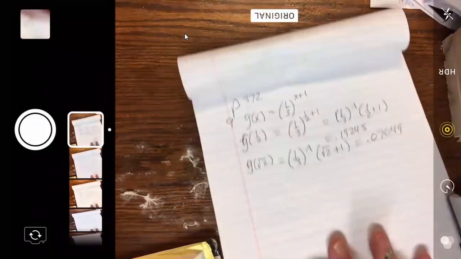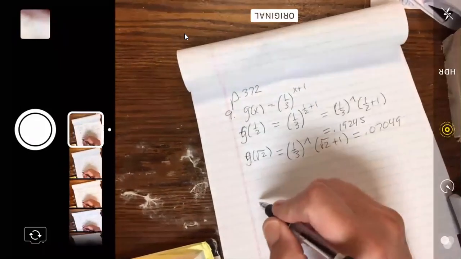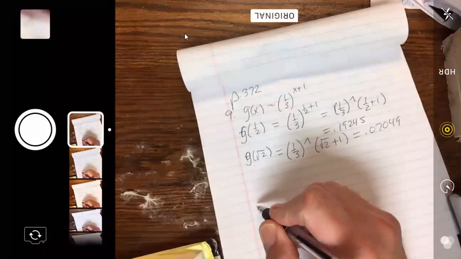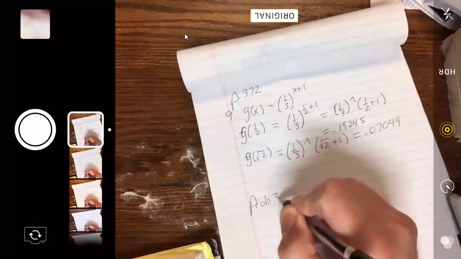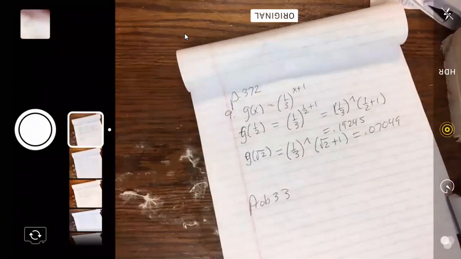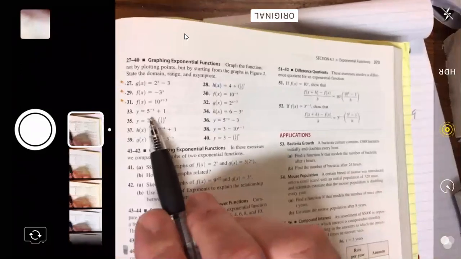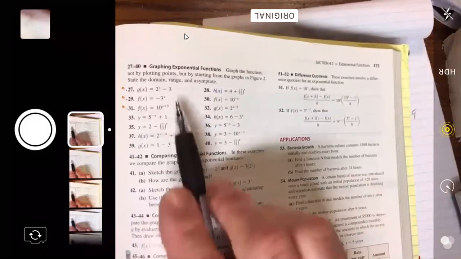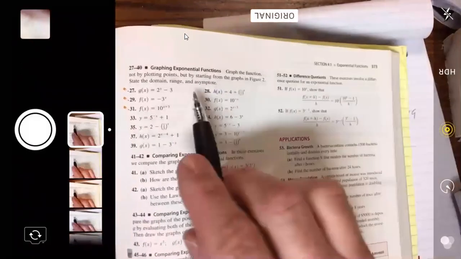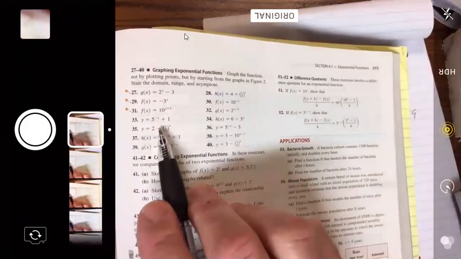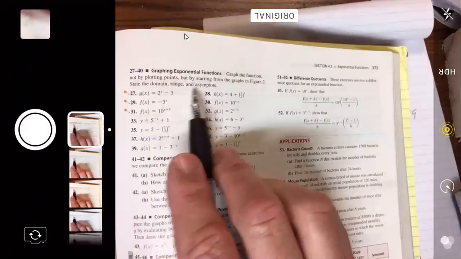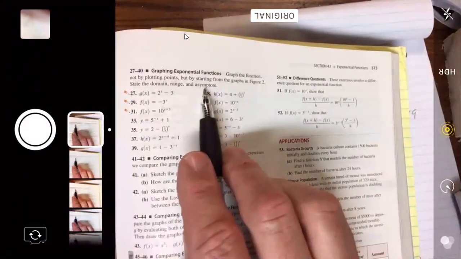All right, let's try a domain and range problem. We'll try problem 33. I want you to graph this. You don't have to do it by starting from the basic graphs and figuring it out. You just use the calculator. So we want a graph, and then they want the domain, range, and asymptote.